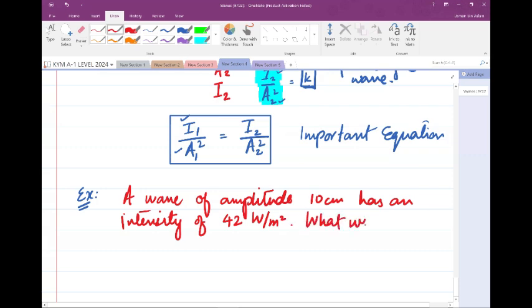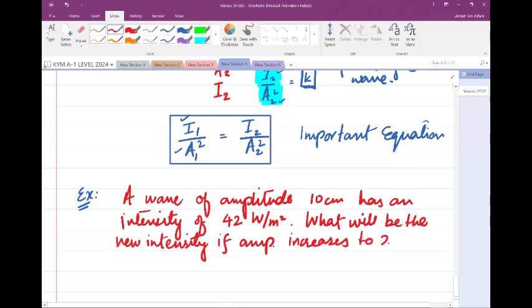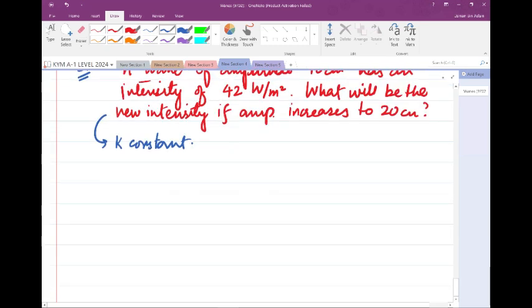What will be the new intensity if amplitude increases to 20 centimeter? After reading this question, we can understand that it's the same wave whose amplitude is being increased. So just because it's the same wave, which is having its amplitude being increased, this tells us that K is going to be a constant. So this equation is going to be valid for this problem.